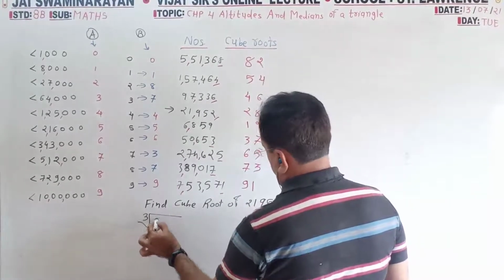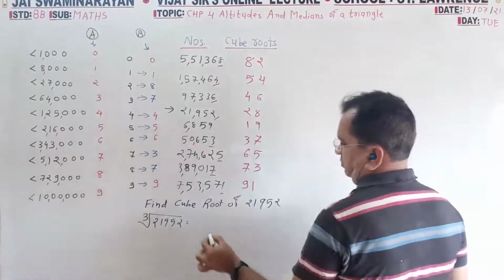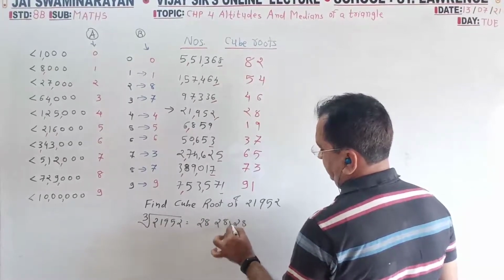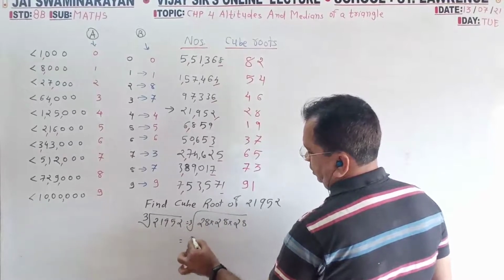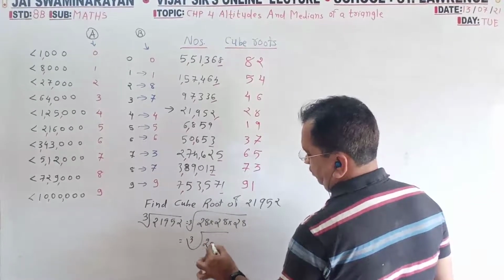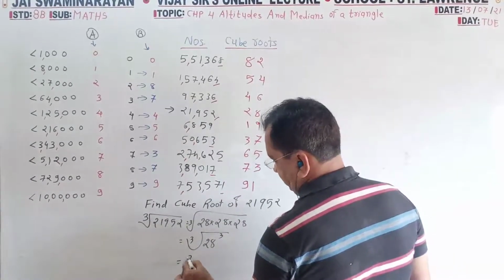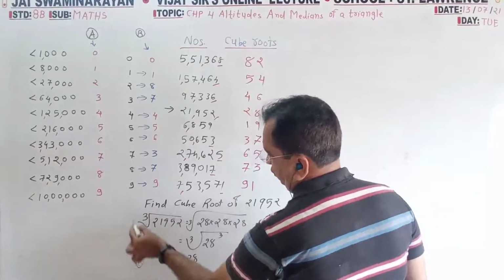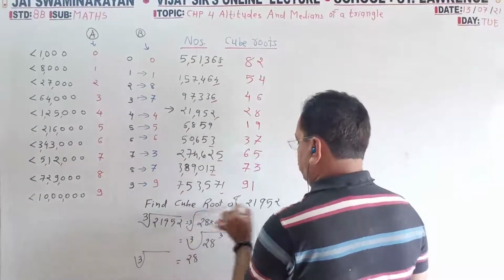So cube root of 21952, we know by calculation, is 28, 28, 28. So cube root and cube cancel, so 28 is the answer. If you don't want to write this symbol, you can write cube root of.